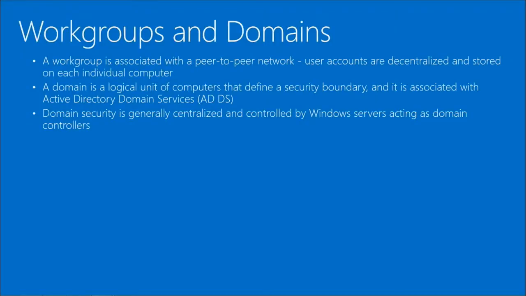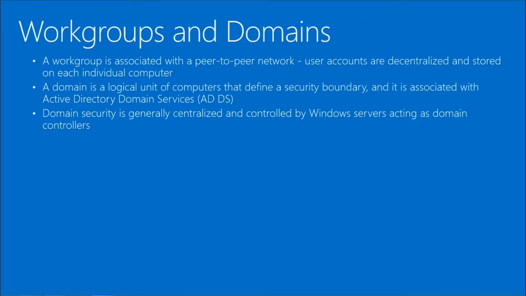Indeed. Okay, next we will talk about work groups and domains. Work groups are for peer-to-peer systems. And so earlier we talked about peer-to-peer is decentralized administration. Domains are centralized administration.